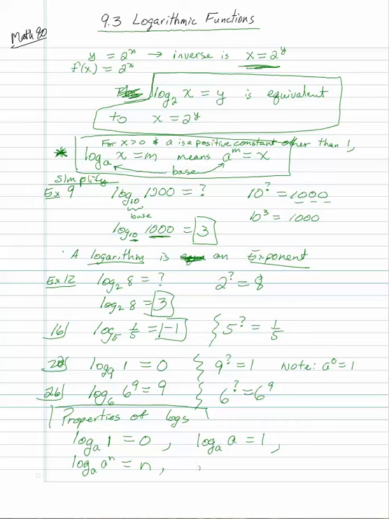And a to the log base a of x equals x. So if you take any number and raise it to the power that's a logarithm with the same base, you can think of it as canceling each other and you just get x. Same thing, log base a of a to the n: they're inverses of each other, so they cancel and you just get the power n. Okay, so those are some properties of logs that you have to know.